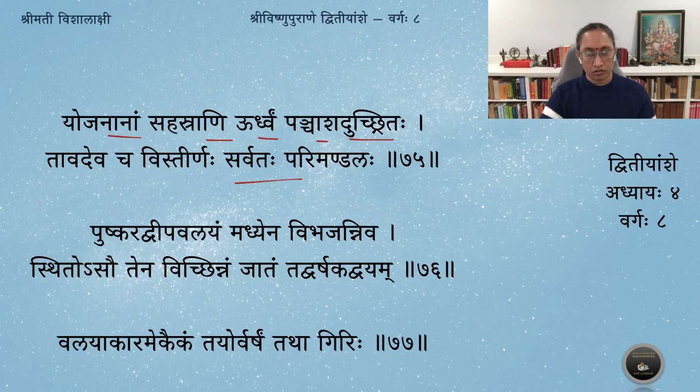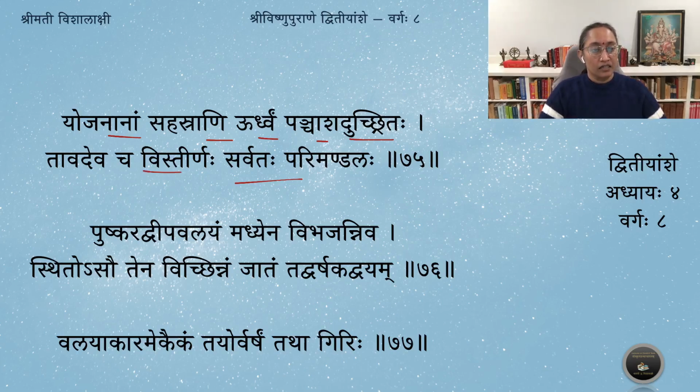Sometimes it can get confused, you can say 1000 plus 50. But here he says Panchashat Sahasrani urdhvam uchritaha, iti urdhvam tu tatra uchrita shabdena anveti. So you take it as it rises above the dvipam for about 50,000 yojanas. Tavadeva vistirnaha. The width of it is also 50,000 yojanas.